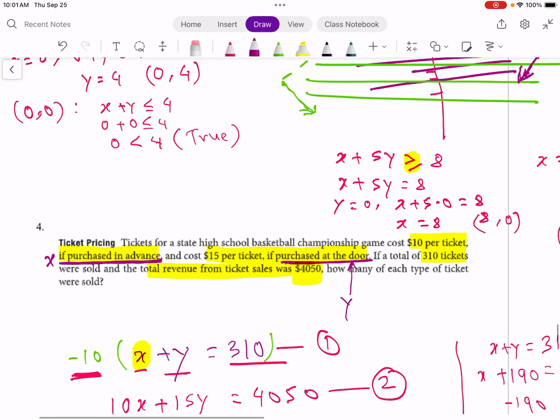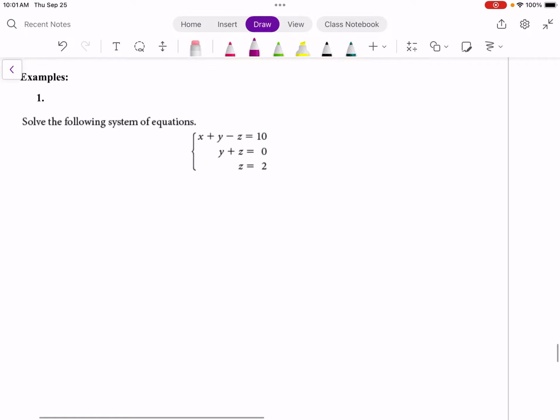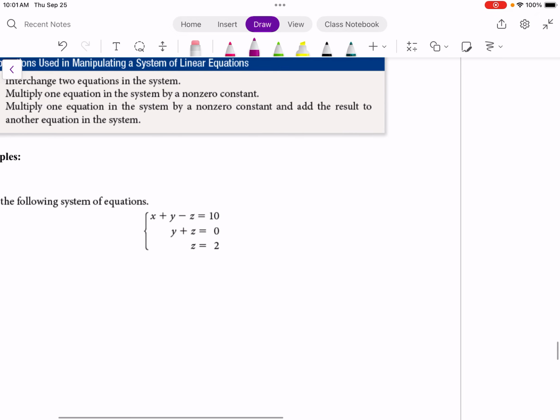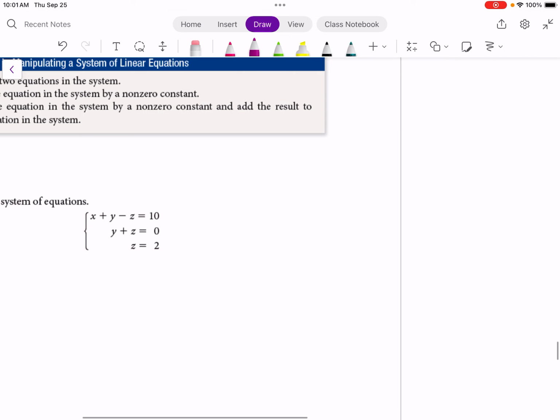Now we have three variables, and three variables means we are not talking about a line, we are talking about a plane. We've been talking about the Cartesian coordinate system with an x-axis and y-axis.